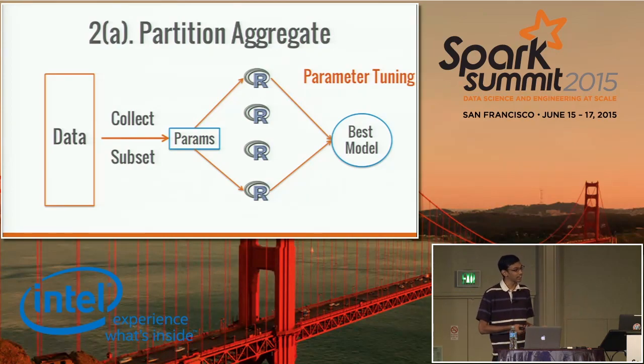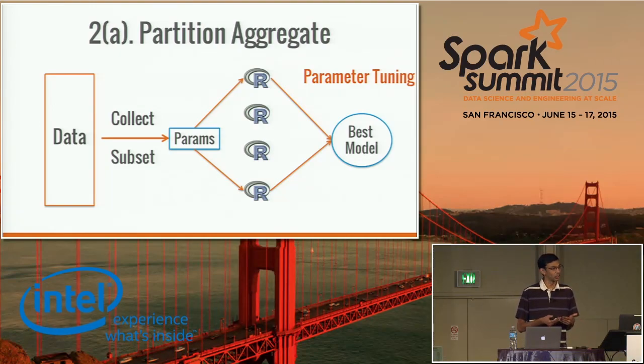And at the end, you want to aggregate the results from this in some fashion. And in parameter tuning, usually the aggregation people do is you pick the best model or the best parameters that fit very well for your data set. So this is an example of a partition aggregate workflow where the work is being partitioned from the driver to a number of machines, and it's then being aggregated at the end to form the best model for the problem that we are solving.